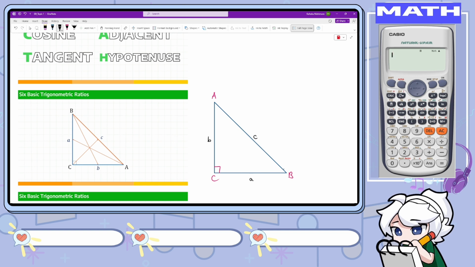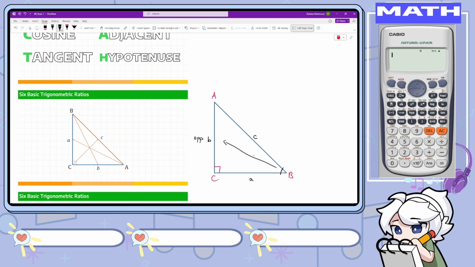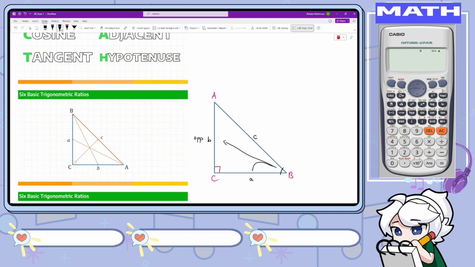If we focus here on angle B specifically, we know that the side opposite of angle B is the small letter b. If we focus here, this is the opposite, and the closest side to it is what we know to be the adjacent, and whatever happens, the side opposite of the right angle is going to be the hypotenuse.